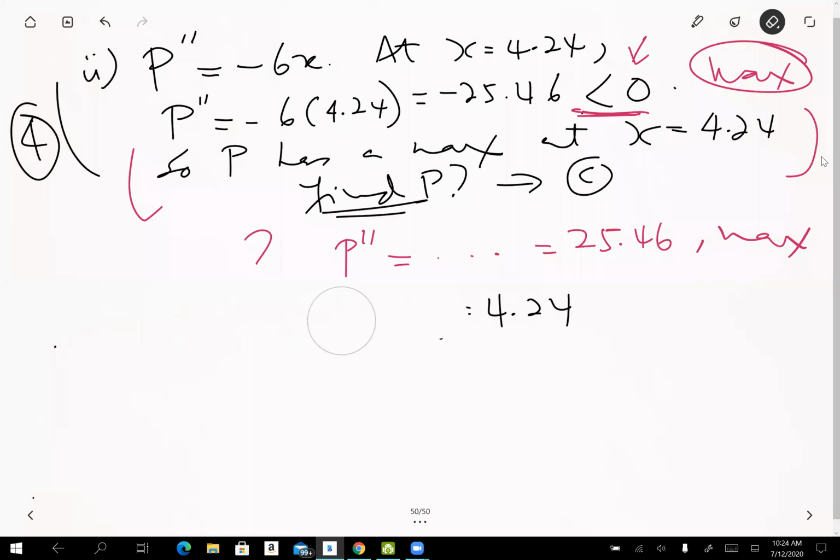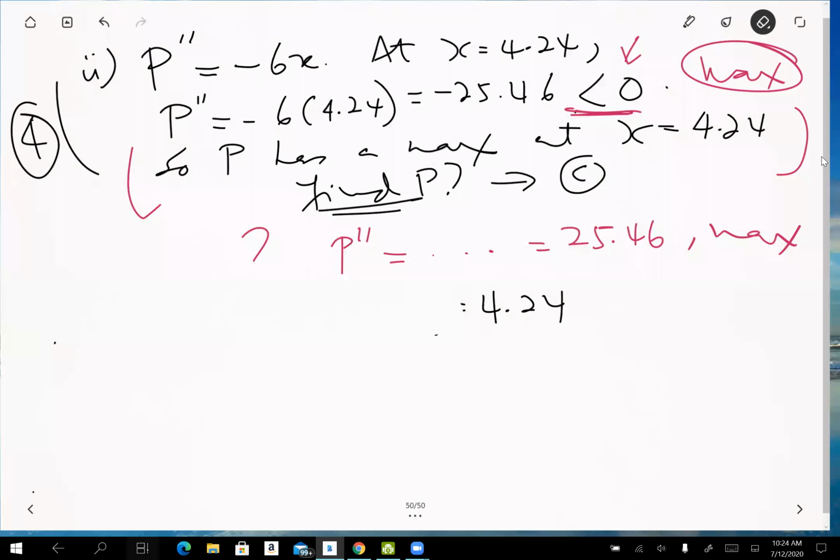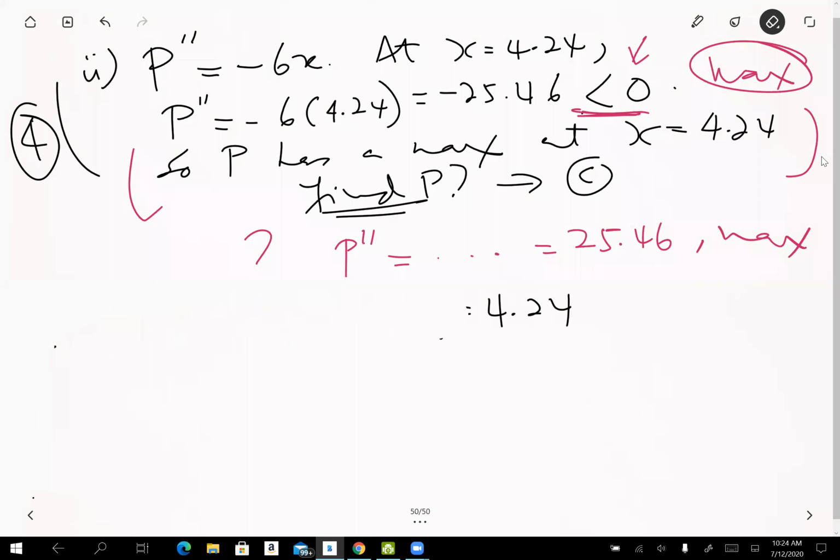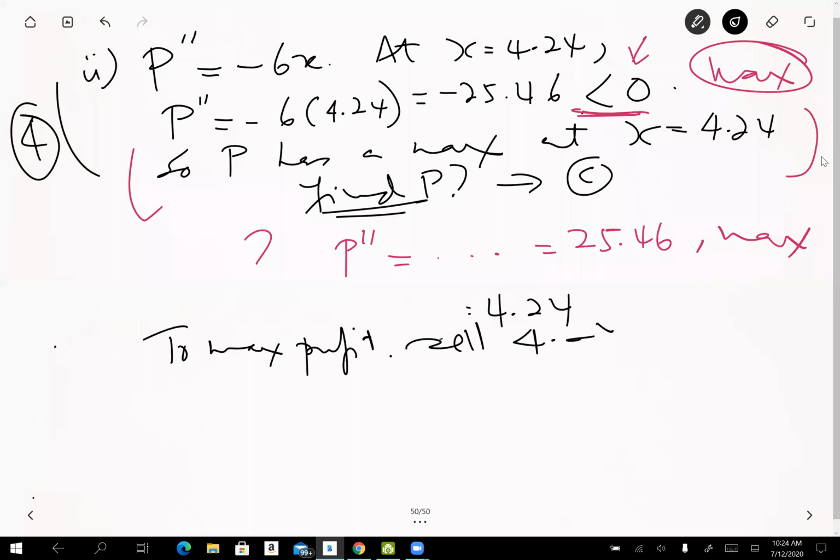So you say here, to maximize profit, that is for part A, you have to sell 4.24 tons of the good.